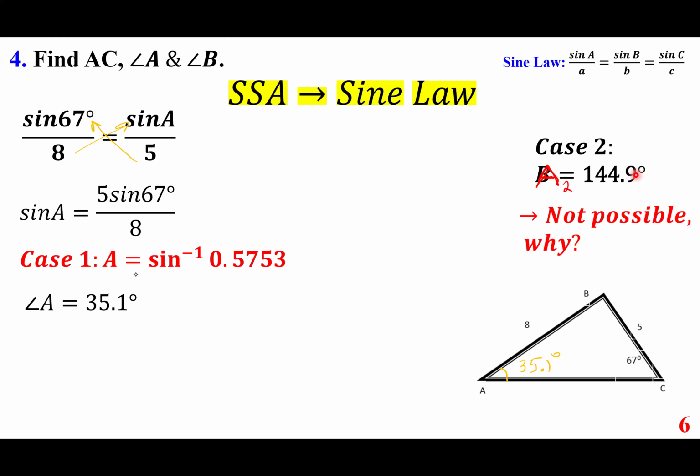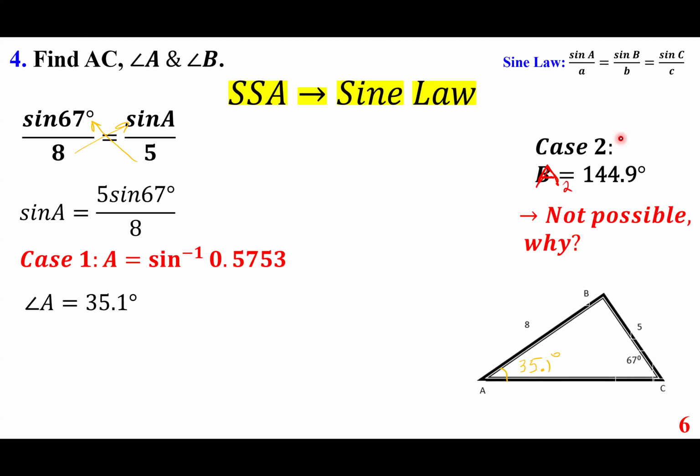Again, one more time, there are two possible answers with this inverse. Case 1 can be 35.1 degrees. Case 2 can be 144.9 degrees. This fails because the sum is more than 180. So we have only one case.